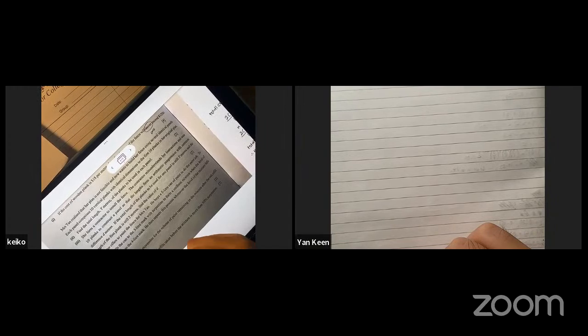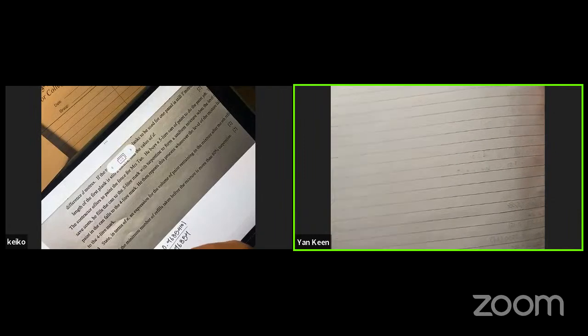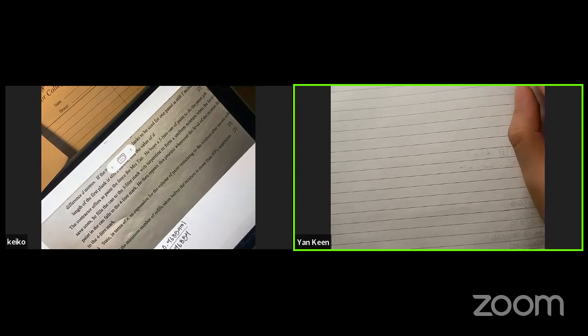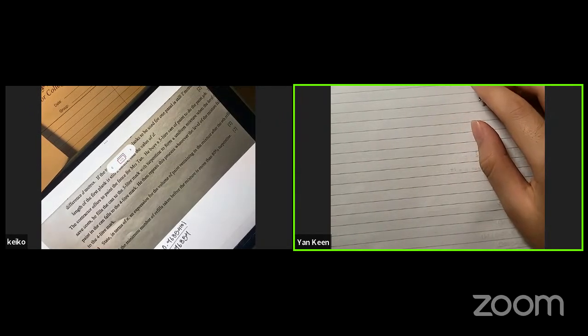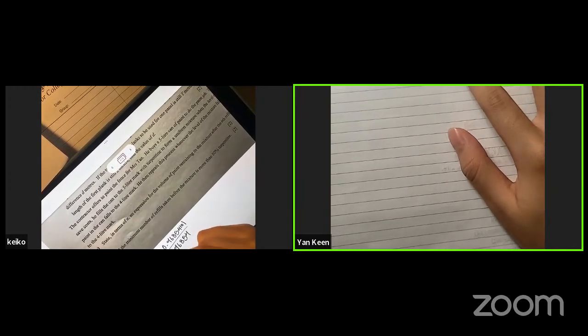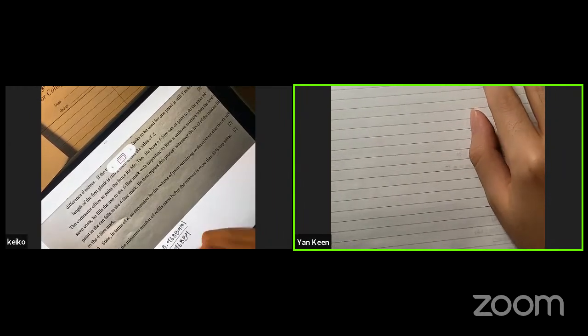Right. So across 20 weeks, what is the probability of rejection?